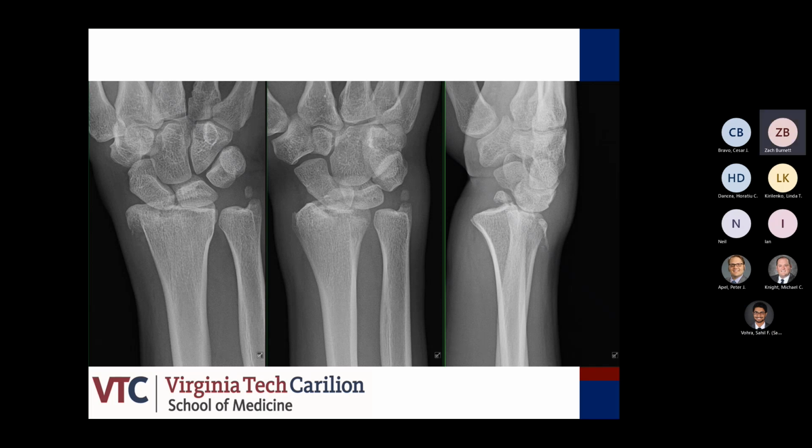All right. So it looks like, again, right wrist with fractured distal radius with shortening and dorsal dislocation of the carpus relative to the radius, associated with an ulnar styloid fracture. So what would you want to do with this one?